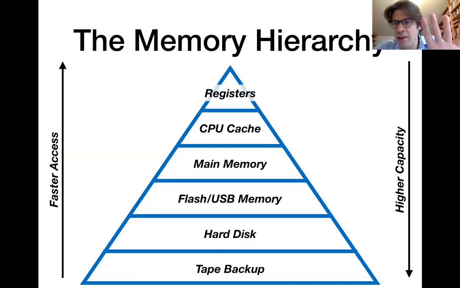And the first thing that we have seen there was this memory hierarchy, which essentially represents the different levels of storage in your computer on which we can store data.